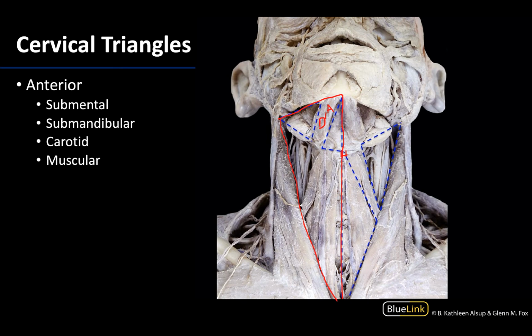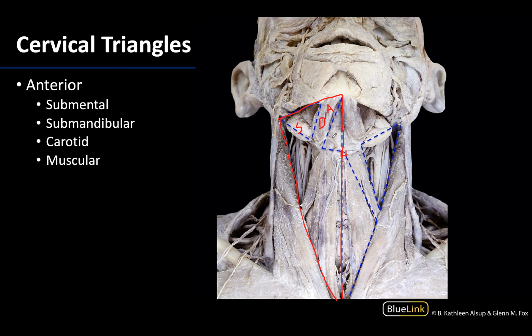You can't see the posterior belly of the digastric very well in this view because the large submandibular gland is going to be occluding that view. The superior boundary is going to be the mandible. So as you can see, the submandibular gland is probably the major content of this triangle, as well as the facial artery and the facial vein, which you can't see particularly well here.